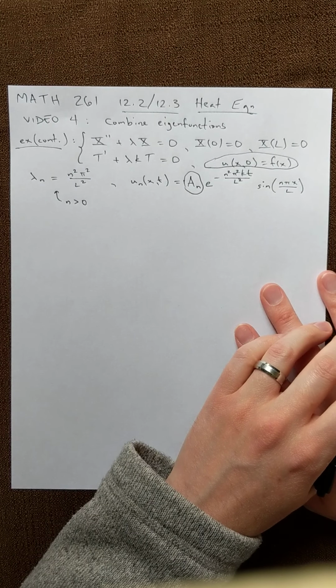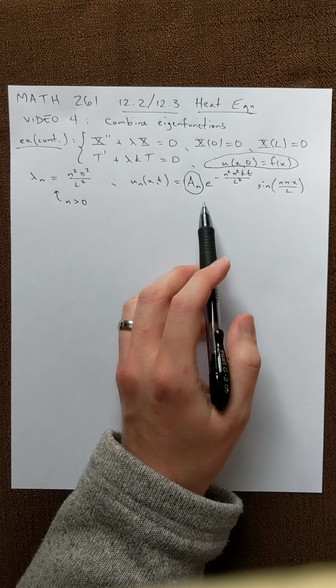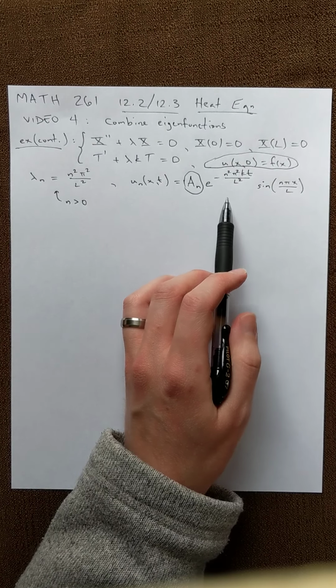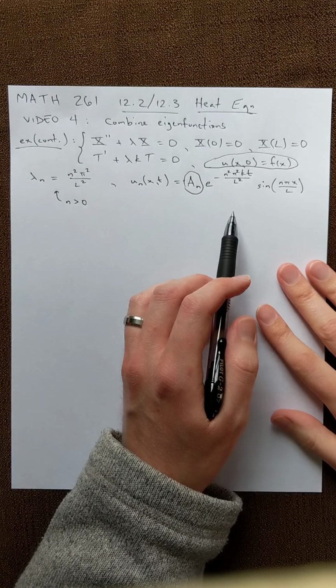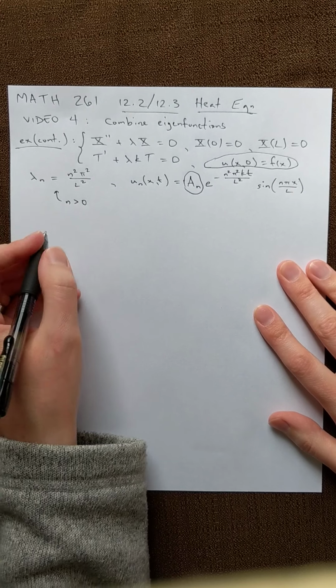Probably none of them. So instead, we're not going to have a single eigenfunction that's going to be a solution. We're going to have to combine multiple eigenfunctions to get a solution. It turns out if u_n is a solution, the sum of the u_n's should also be a solution.